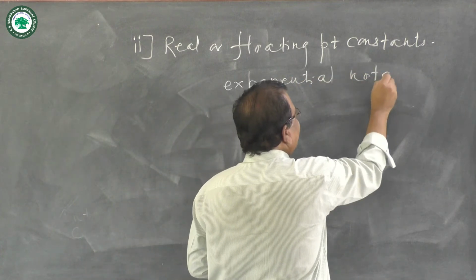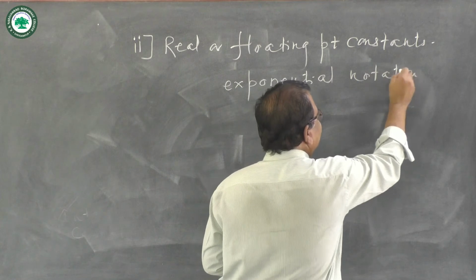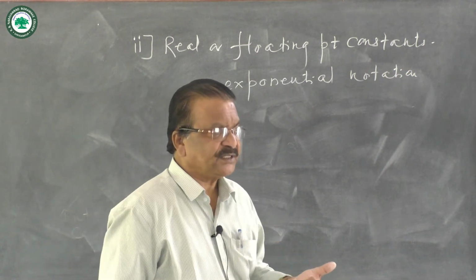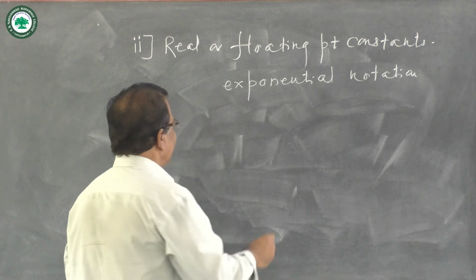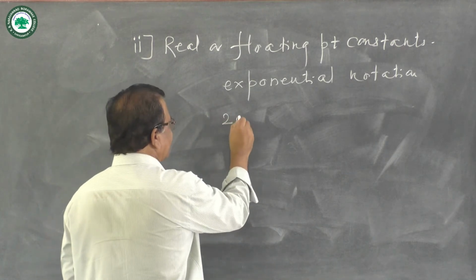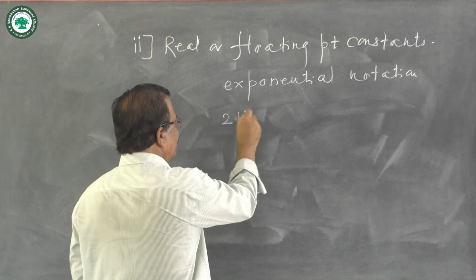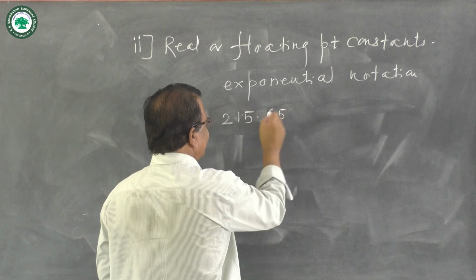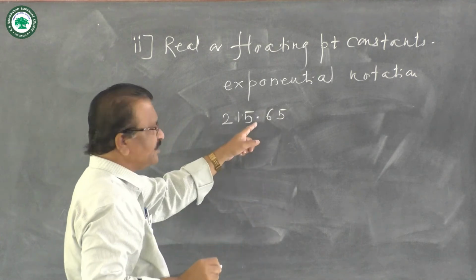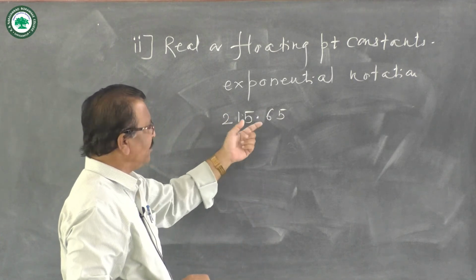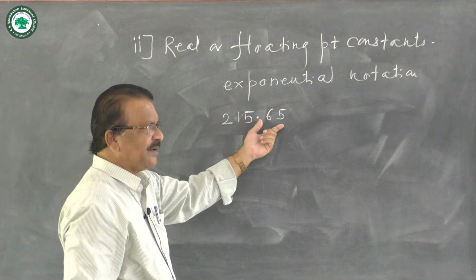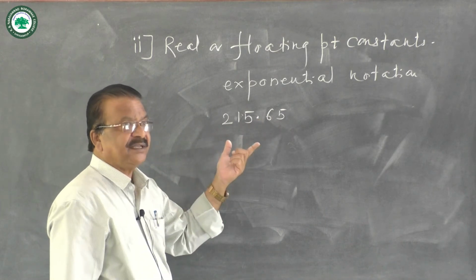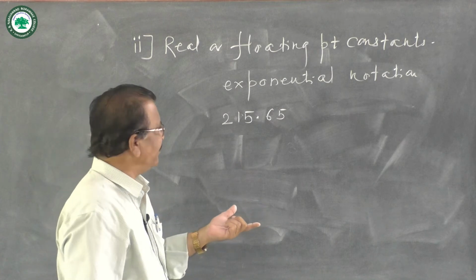In programming, this notation is commonly used. For example, if I want to store the number 215.65, it is a floating point number because a decimal point is there: whole number, decimal point, fractional part. I want to represent it in exponential or scientific notation.